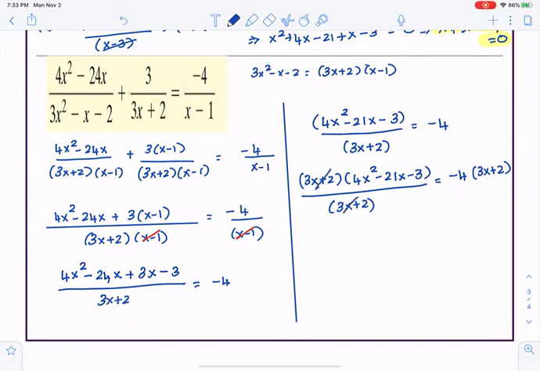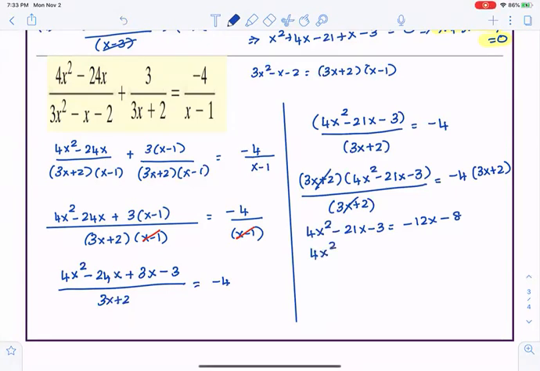Those two would go away. We have 4x squared minus 21x minus 3 equals negative 12x, negative 8. I'm distributing the negative 4 in.